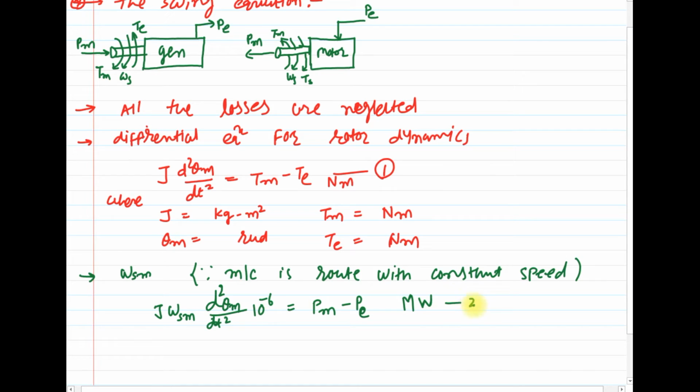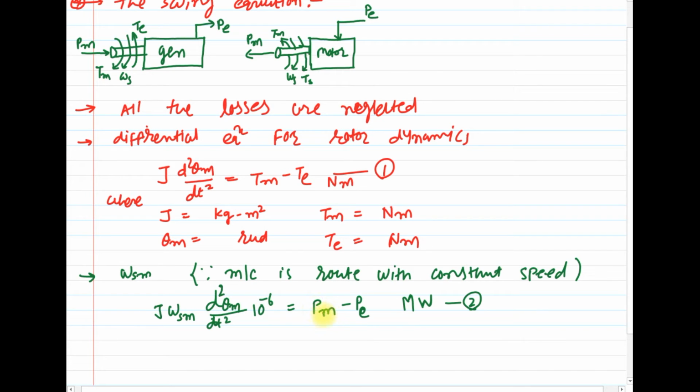Clear? So this is our equation number 2, which shows the rotor rotating with the rotor moment of inertia J at synchronous speed and an angle of theta m.